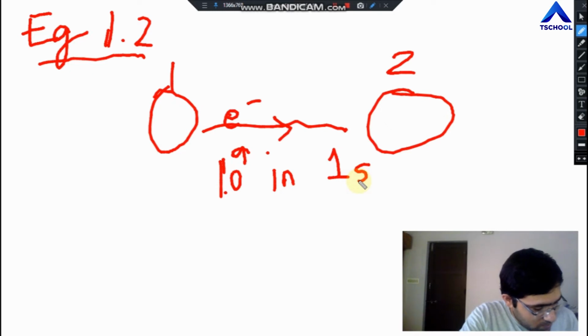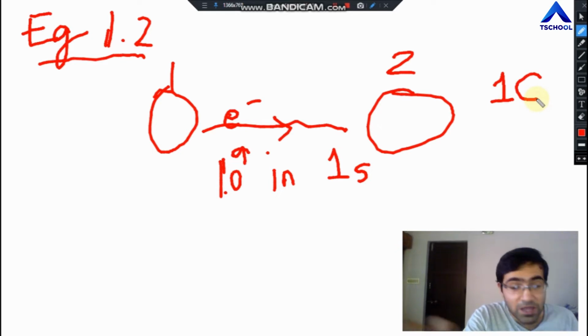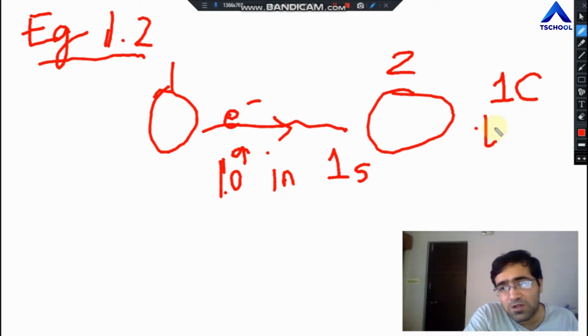Now we have to find how much time is required to get a total charge of 1 Coulomb on the other body. So gradually, as the electrons move from body 1 to body 2, more and more charge develops on body 2, right? So we have to find out the time in which the total charge on body 2 will become equal to 1 Coulomb.